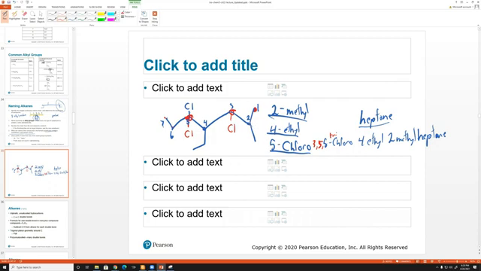So we have 1 is the end carbon. 2 is this carbon right here, which has an offshoot. So we name it 2-methyl. Then we have 3, 4. We have an offshoot there, which is 4-ethyl. And then we have 5-chloro. All right. Any questions on that? Good. All right.